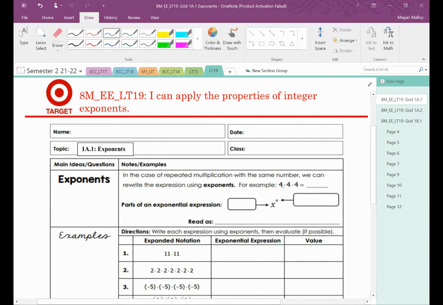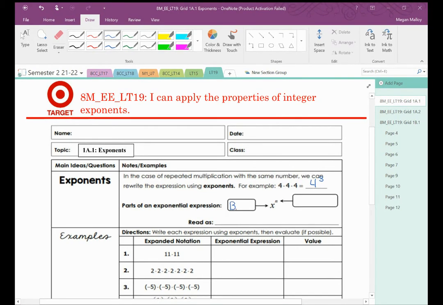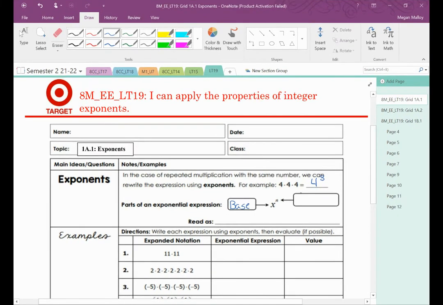So for example, if I have 4 times 4 times 4, that would be 4 times itself 3 times. So it would be 4 with an exponent of 3. That 4 is called our base, and then the exponent is clearly called the exponent.